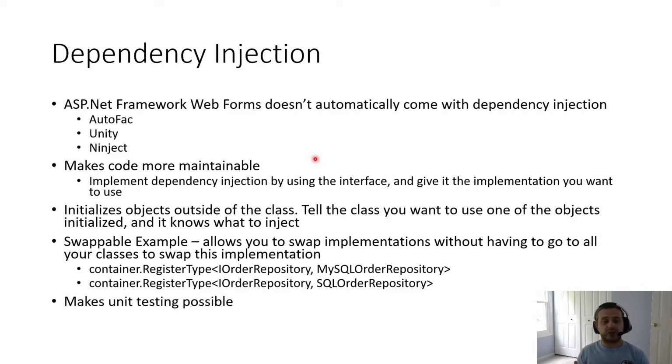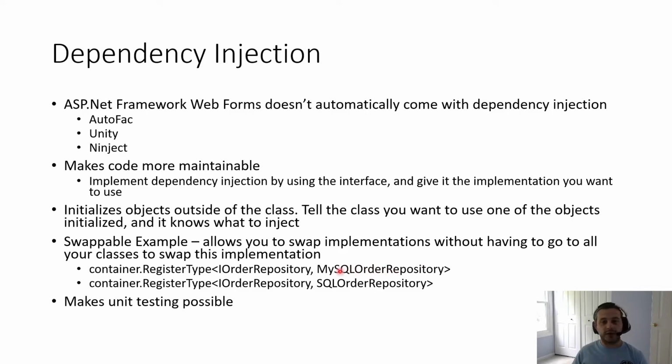And dependency injection makes your implementation swappable. It allows you to swap implementations without having to go through all of your classes. For instance, here you can see that I have two implementations that use the same interface. Let's say that when I first created my application, it was based off of MySQL.